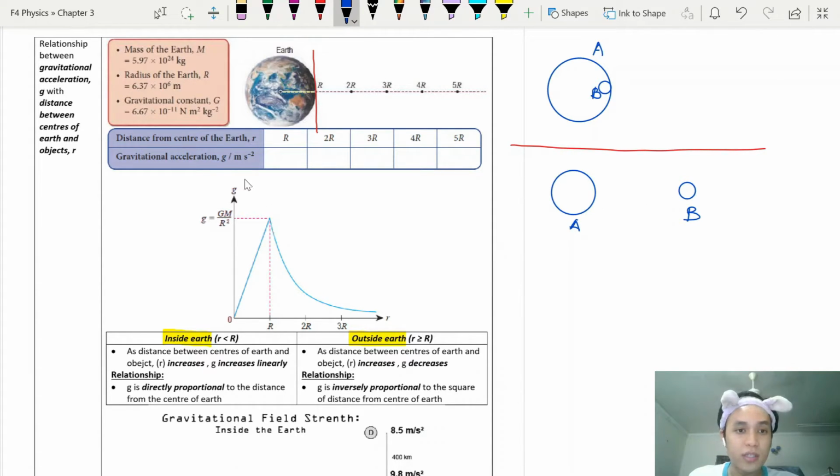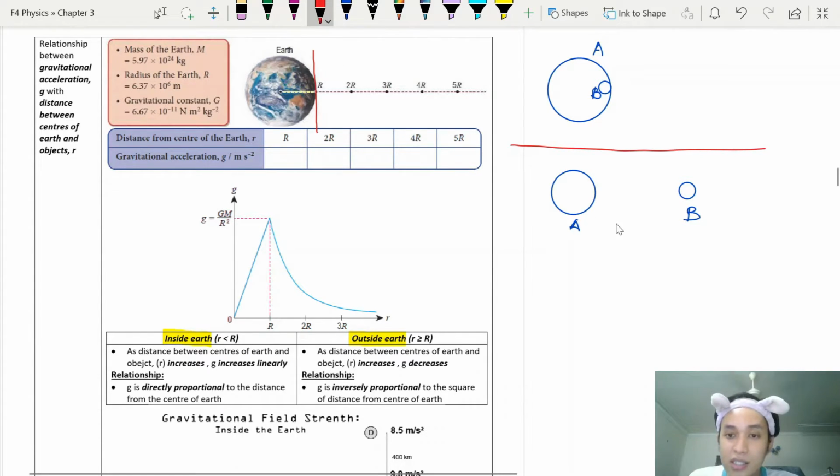So the theory that we learned earlier on, whereby when the distance between the centers of two objects increases, gravitational acceleration also will decrease, is true for this condition right here, meaning when the two objects are separated from each other.